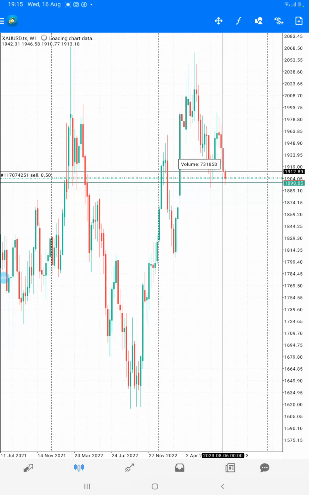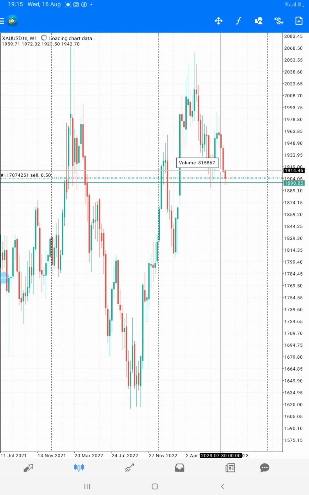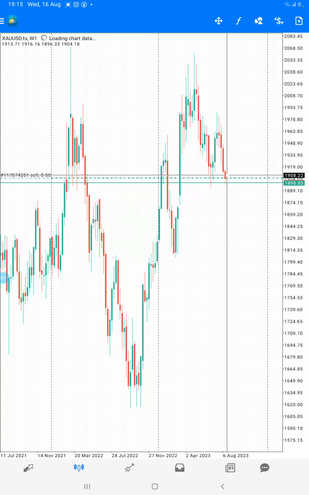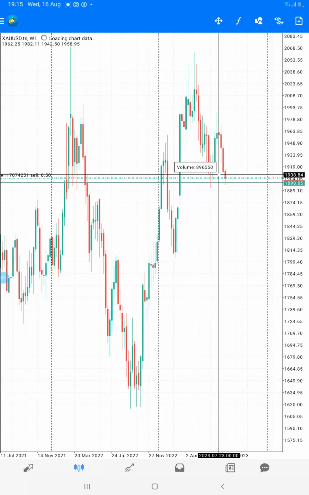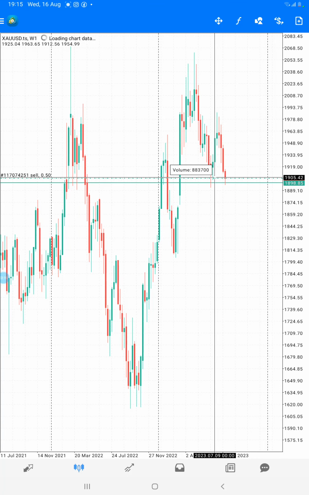And this bar alone also represents the last 10 days. The two bars represent the last 10 days, and the three bars represent the last 15 days, which is 3 weeks back.